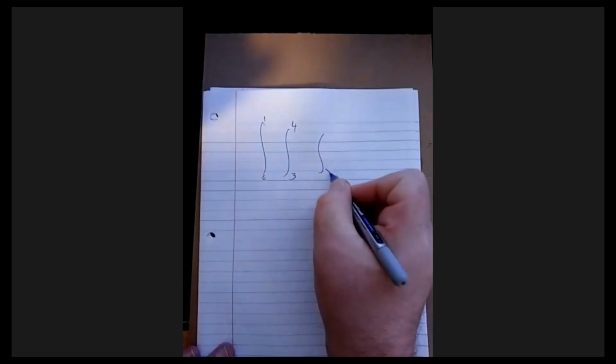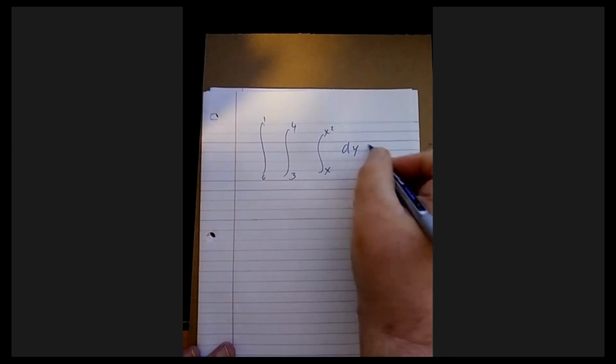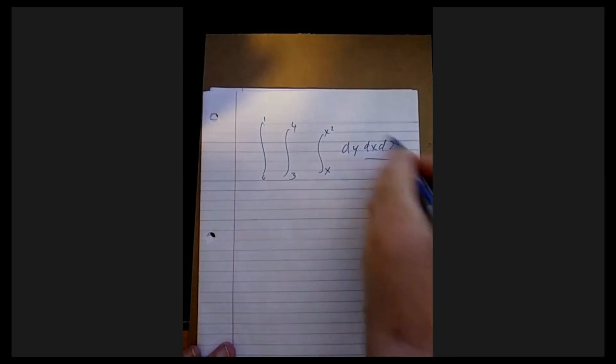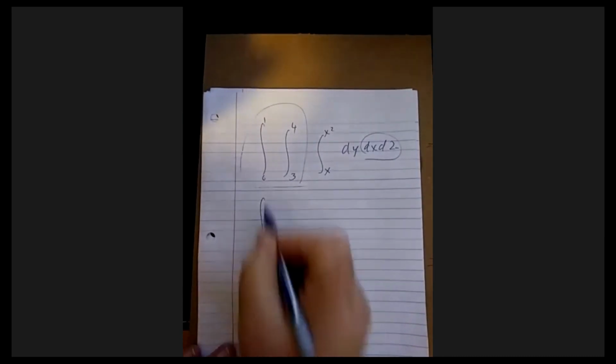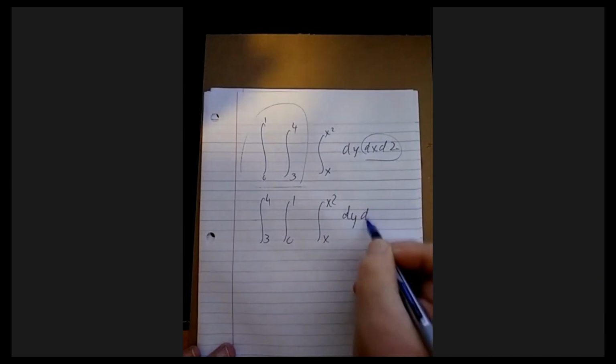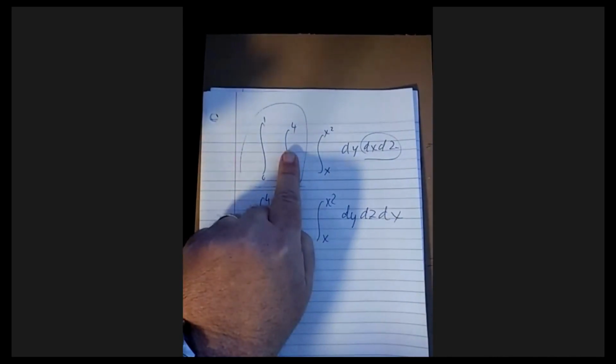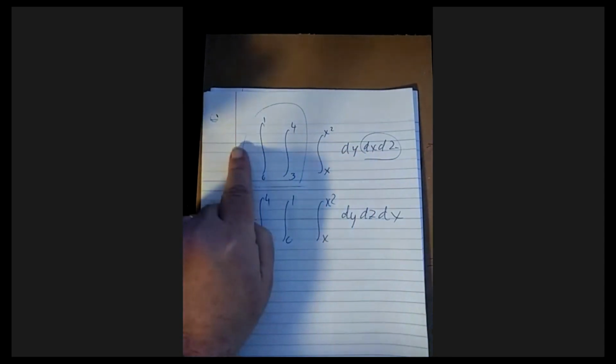If this is a number, and that is a number, and this isn't, and you're doing dy, dx, dz, or whatever, these two can be switched. But you can't pick this one and stick it in the middle, and definitely don't pick this one and stick it on the end. That won't work.